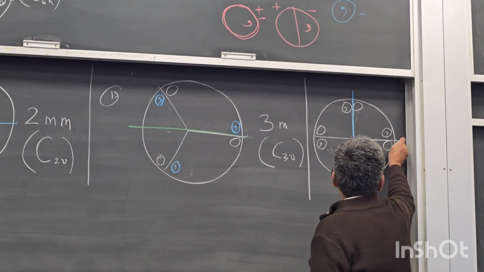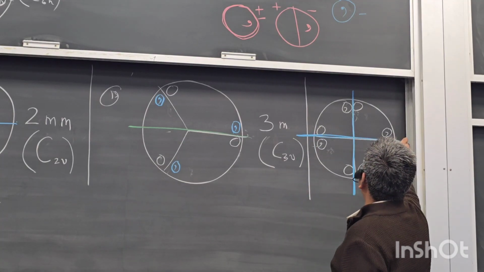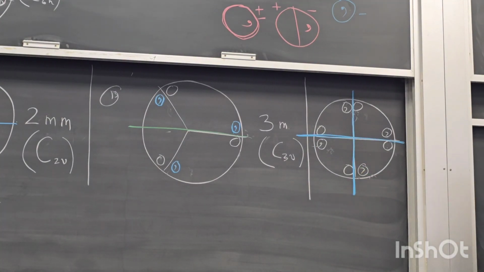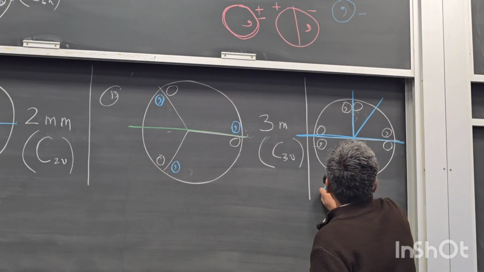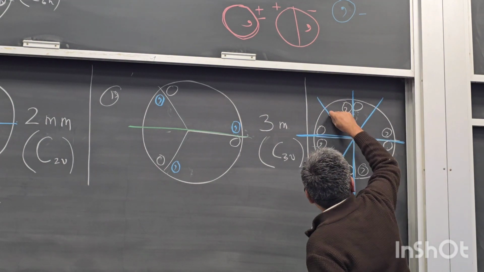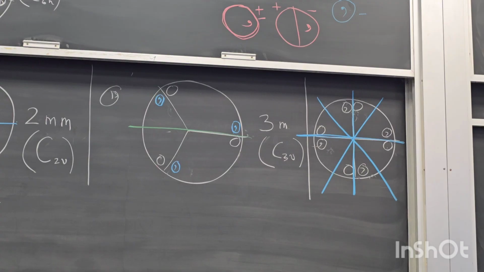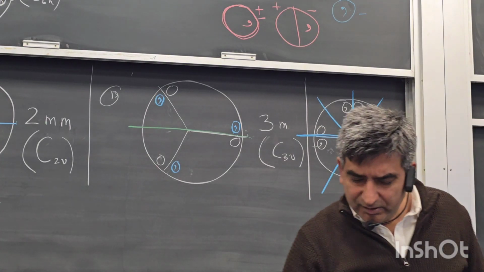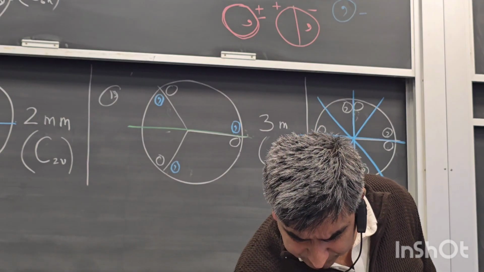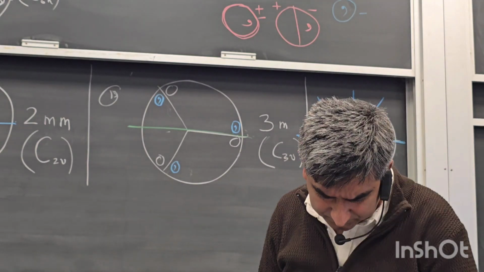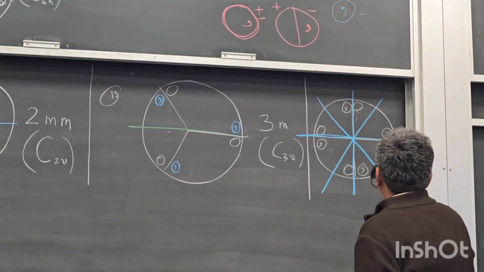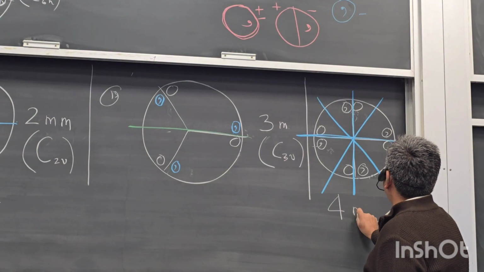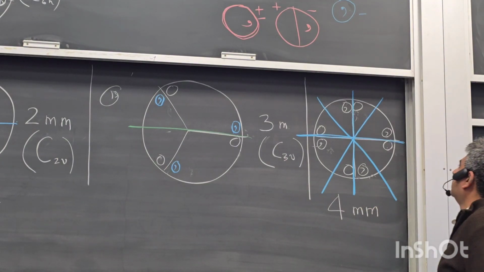This one. Is there another mirror plane that I have generated? Generated this. Right, so this is given the symbol M.